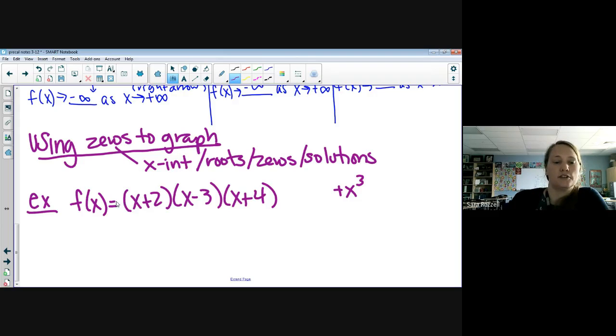It's positive because there's no negative sitting out in the front of it. So if we have a positive x cubed, what would our end behavior be for a positive x cubed? Dalen, what are our arrows going to be? So it's positive odd.